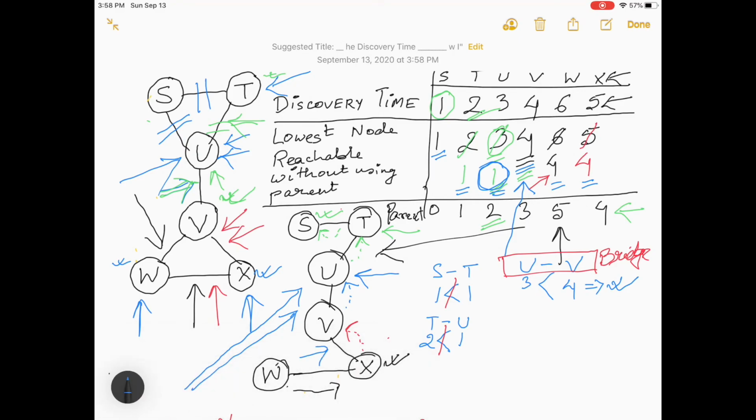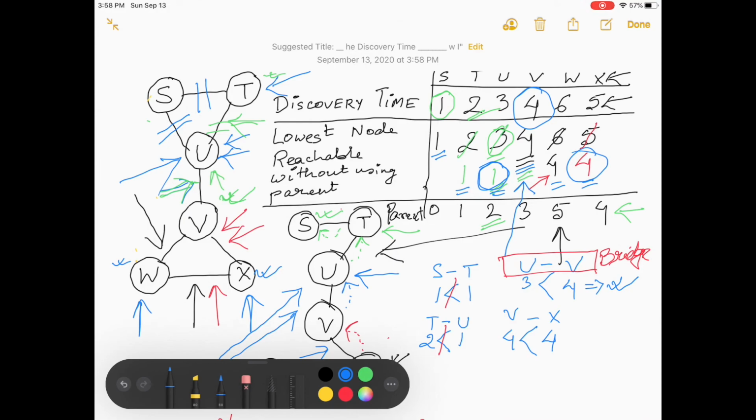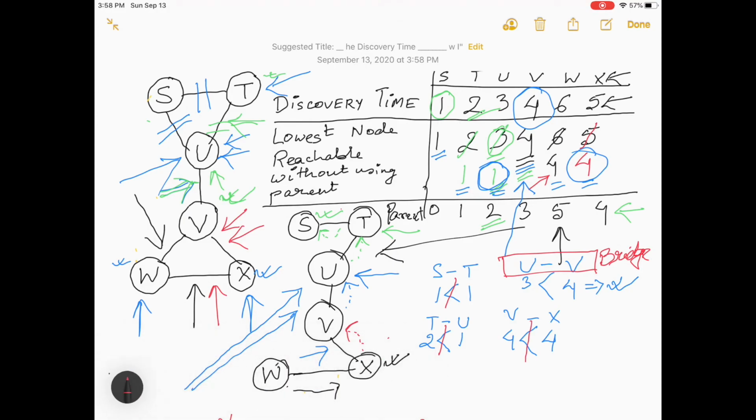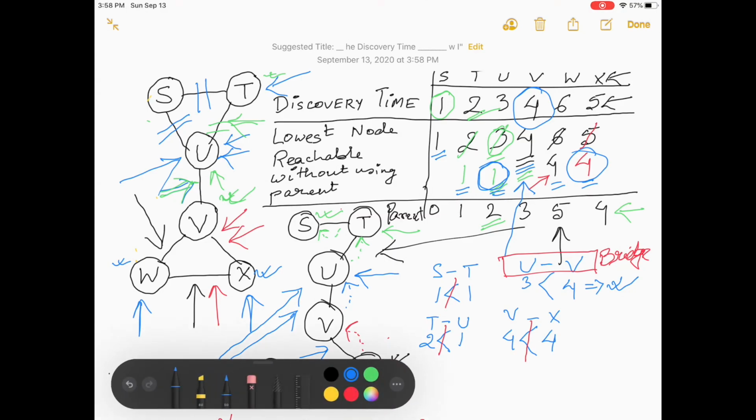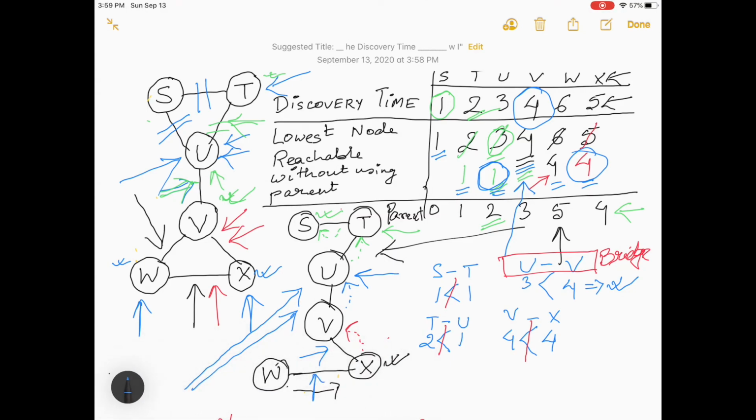Next we will move on to the next edge, which is vx. The discovery time of v is 4, and the earliest discovered node reachable from x is also 4. So the condition for the bridge does not hold true for the edge vx. Next we go to the edge xw.